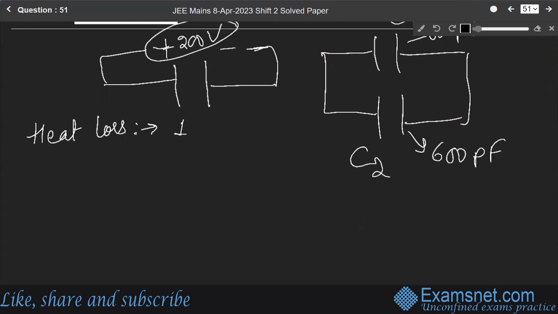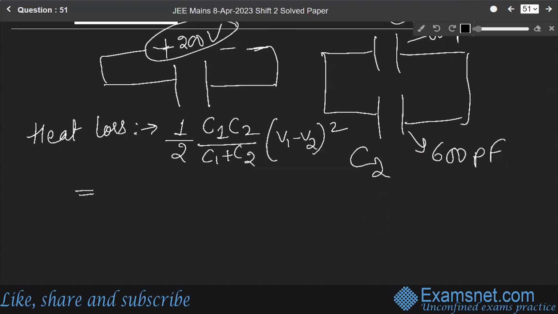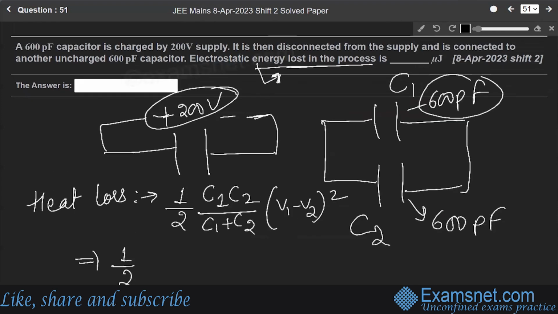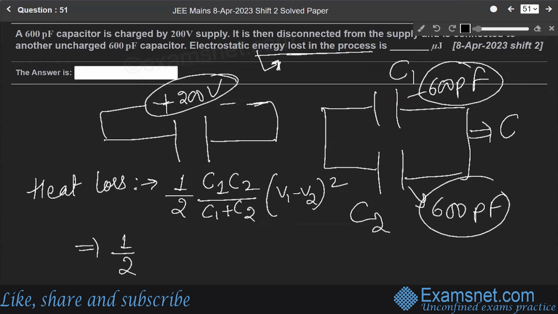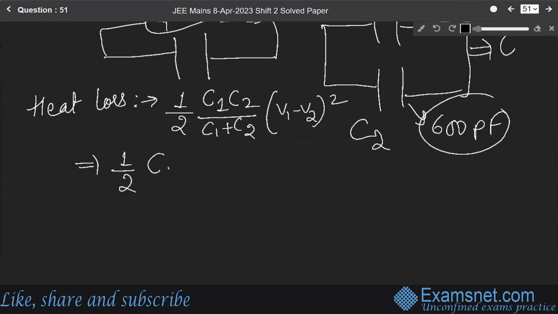Heat loss is equal to 1 by 2 times C1 C2 over C1 plus C2 times (V1 minus V2) whole squared. Since both have the same capacitance, 600 picofarad, let us say both have capacitance C. So this will become C into C over C plus C, that is 2C, into V1 minus V2.